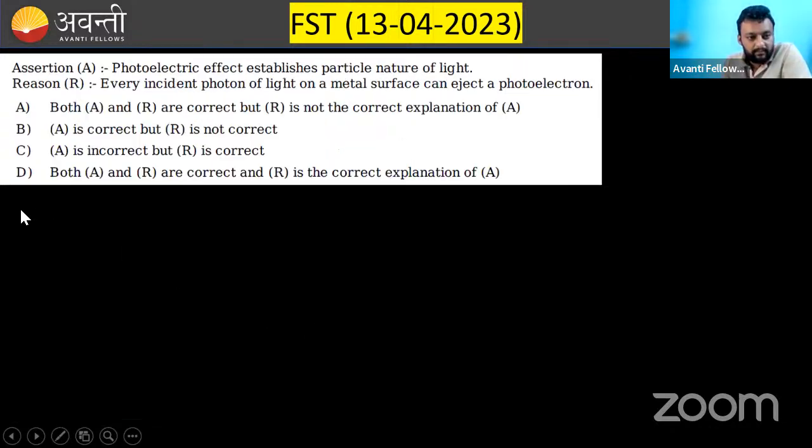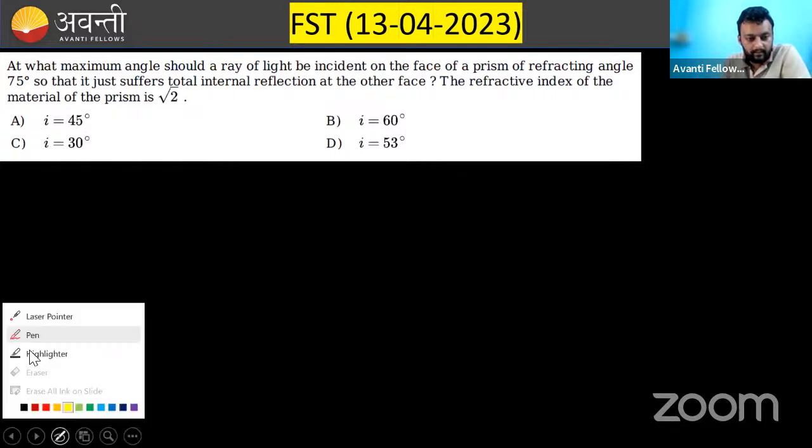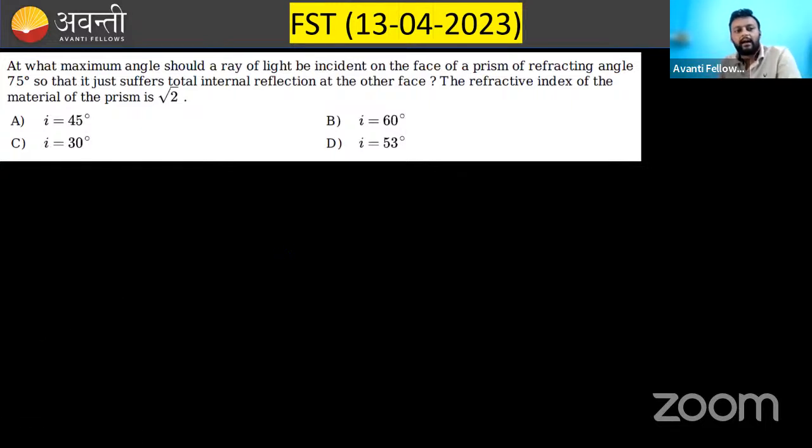Question says, at what maximum angle should a ray of light be incident on the face of a prism of refracting angle 75 degrees?